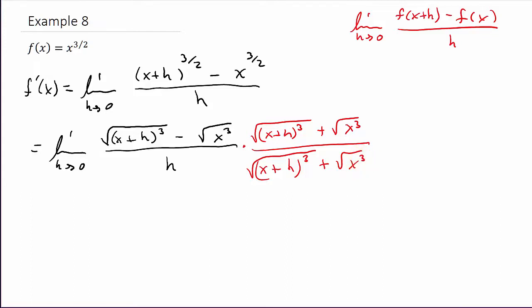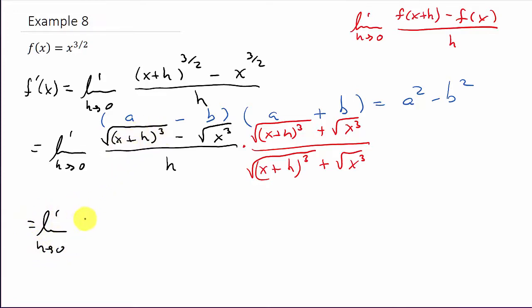Now remember here, this is what? This is a minus b times a plus b, which is equal to a squared minus b squared. So in this case, we've got, let's see, equals the limit as h goes to 0.